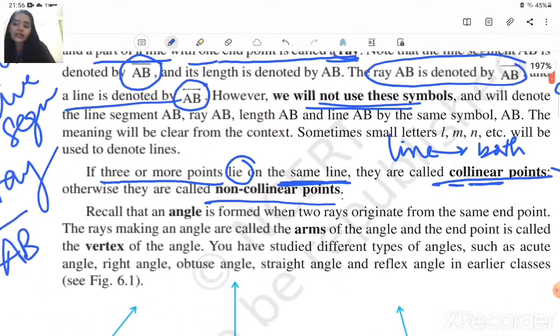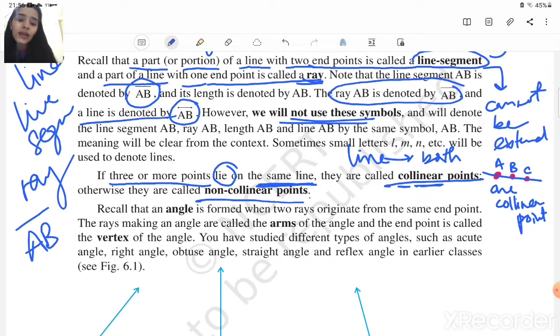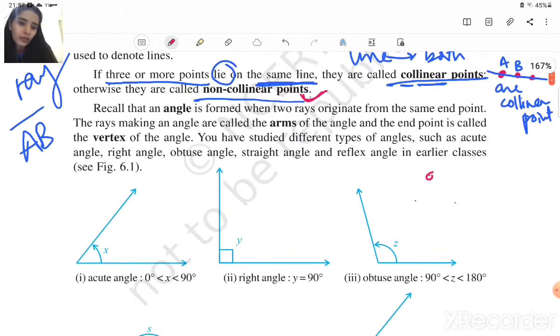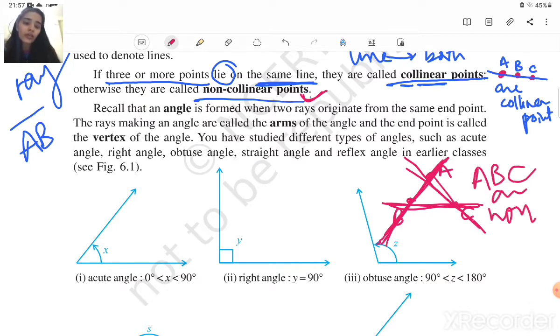And when three or more points do not lie on the same line, then those points are known as non-collinear points. For example, these points A, B, and C are not collinear because they are not coming on a straight line. They are forming a closed figure, but they are not on a straight line. So therefore A, B, C are non-collinear points.